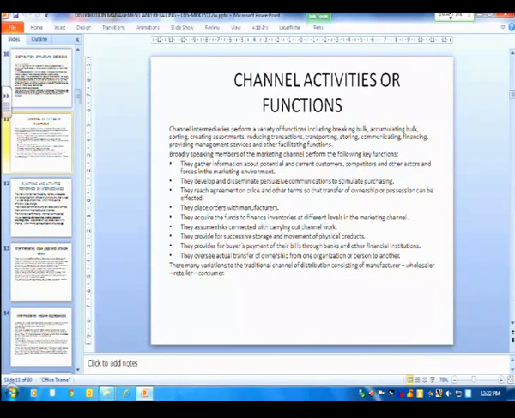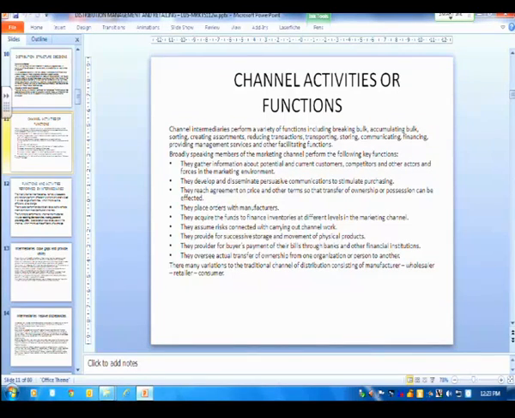Broadly speaking, members of the marketing channel perform the following key functions. One, they gather information about potential and current customers, competitors, and other actors and forces in the marketing environment.